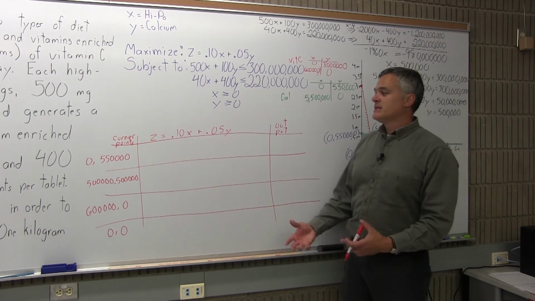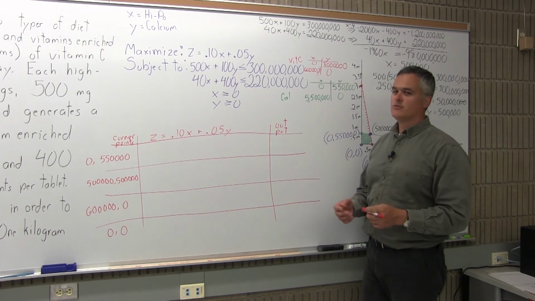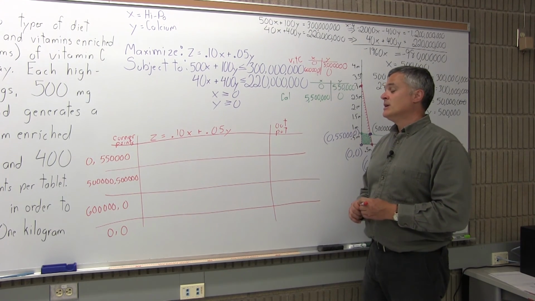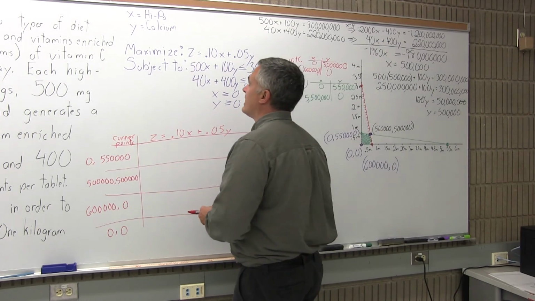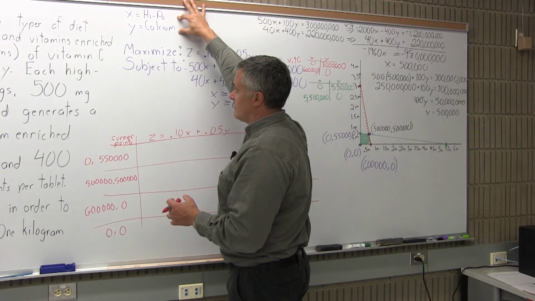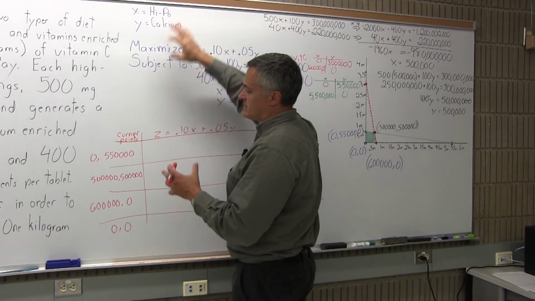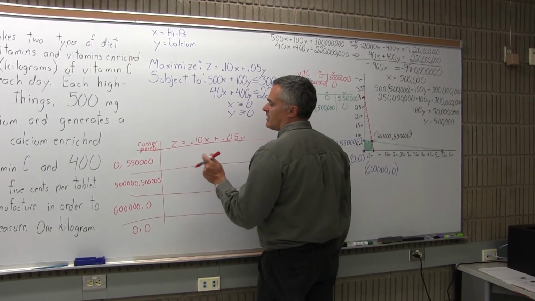And again, this represents the number of the first type of pill and second type of pill that can be made with the resources available. So for the first corner point, which means making none of the first type of vitamin, the high potency, and only the second type, the calcium, for as many as you can do until you run out, how much profit would you make?